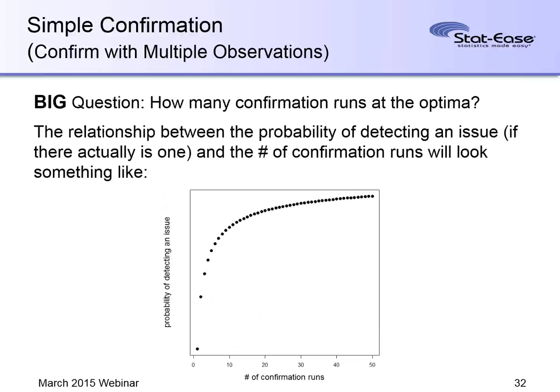Okay, in general, the probability of detecting an issue with your model, if there actually is one, meaning the probability that a confirmation run will not lie in the prediction interval, as it's related to the number of confirmation runs, usually looks something like this. So on the x-axis we have the number of confirmation runs, and on the y-axis we have the probability of detecting an issue.